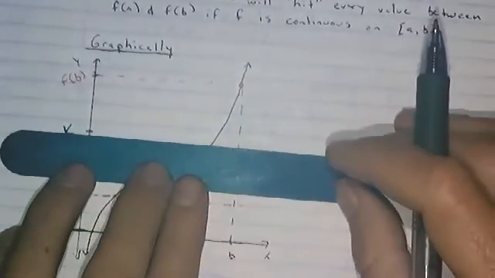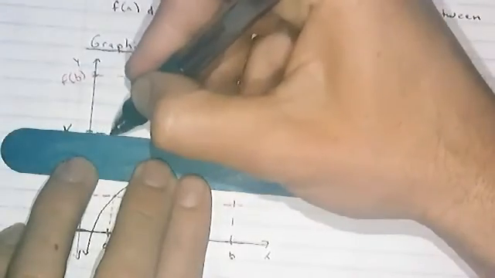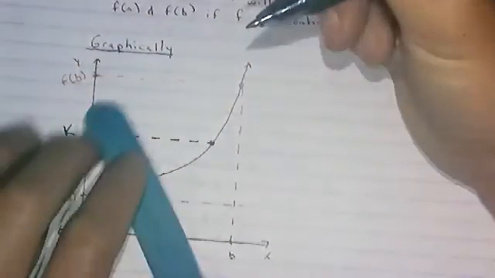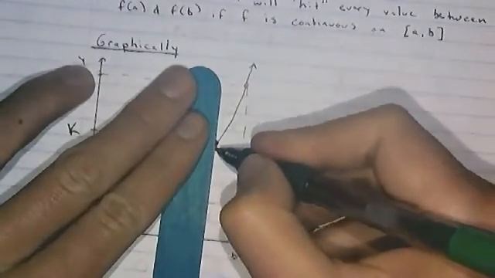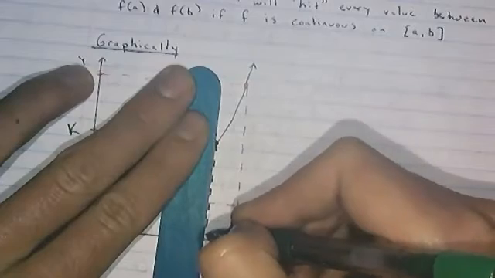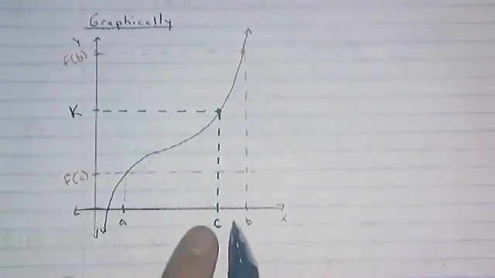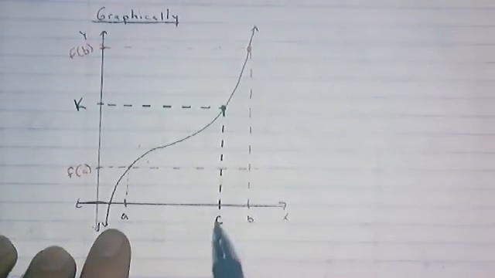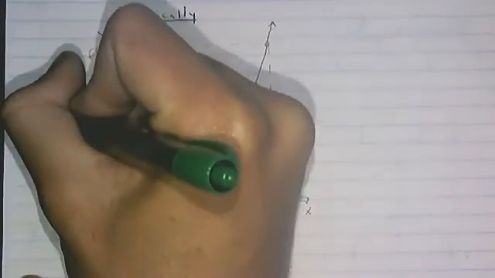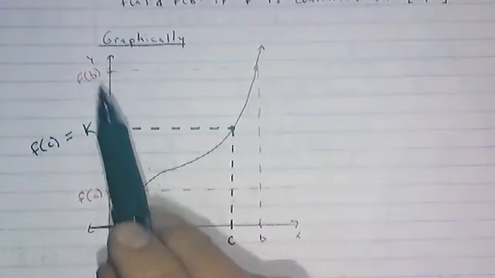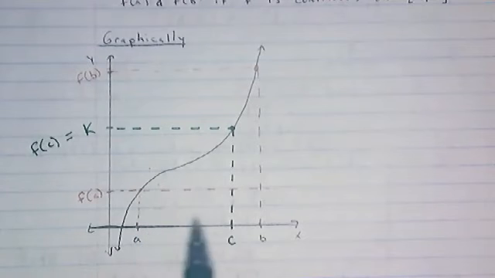If we go backwards here, check it out. There is indeed a number C that lies between A and B, such that we produce K. K is f of C. You've got to hit every value in between f of A and f of B on your way between A and B.